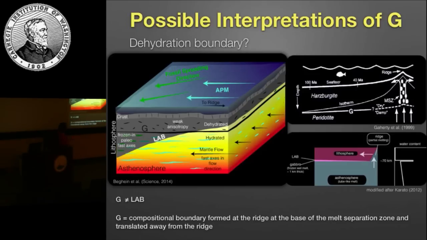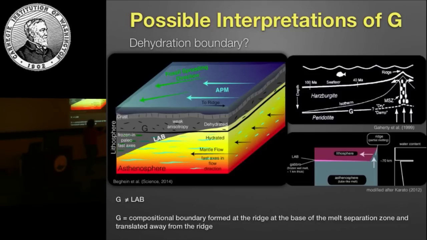So we tried to find an explanation, and we were inspired by work by Karato et al. in '99, which was based on the work by Hirth and Kohlstedt, looking at dehydration at the ridge during melting. They had proposed that the Gutenberg discontinuity was a chemical compositional boundary from wet to dry.